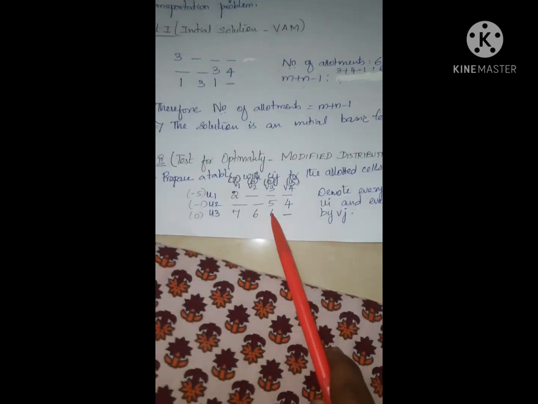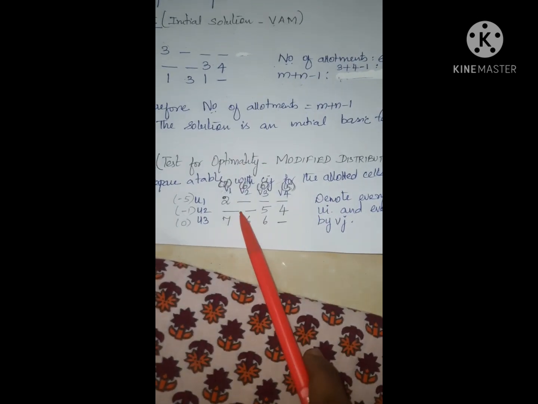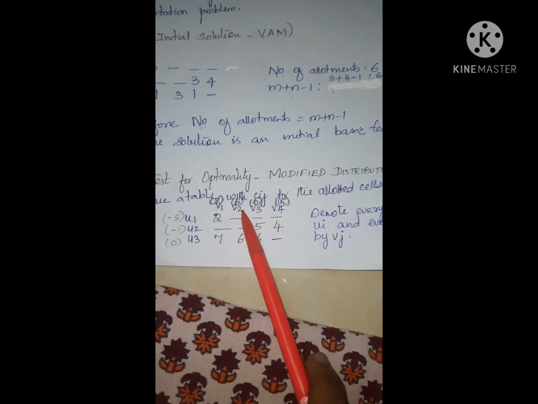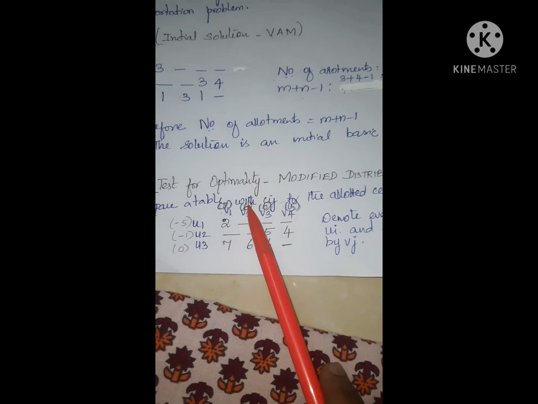So getting back to our step 1 table. Wherever in the step 1 table there is no allotment, in such places add up the corresponding u value and v value. Wherever we have an allotment, we make it a blank space.